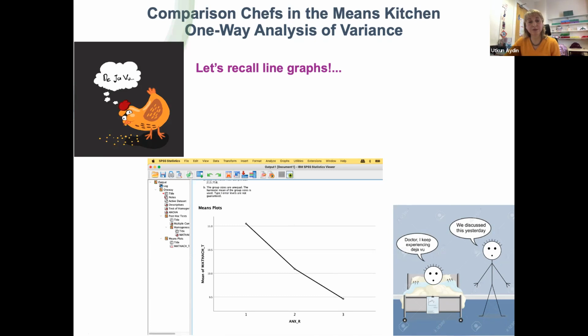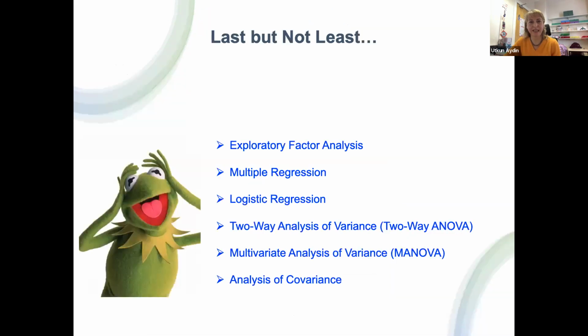It shows you the differences in mathematics achievement scores among the test anxious students. This is similar to the descriptive statistics option with regards to the line graphs.